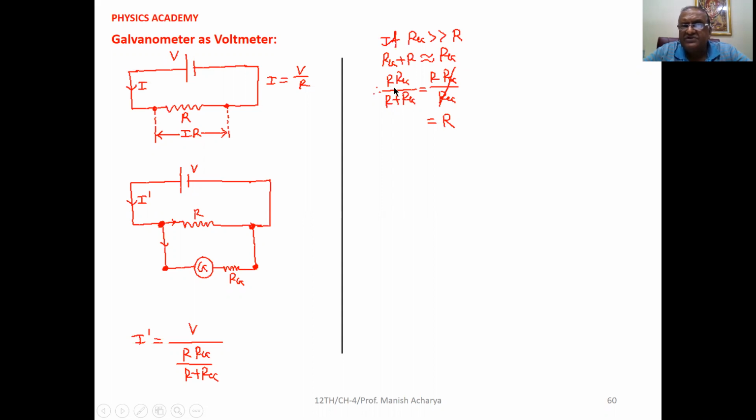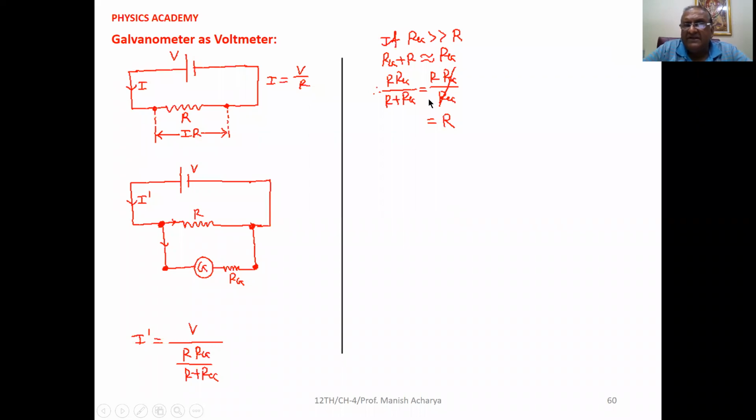So in this equation, R Rg upon R plus Rg, this R plus Rg is nearly equal to Rg. So Rg cancelled and your resultant resistance comes to R. Clear up to this one?